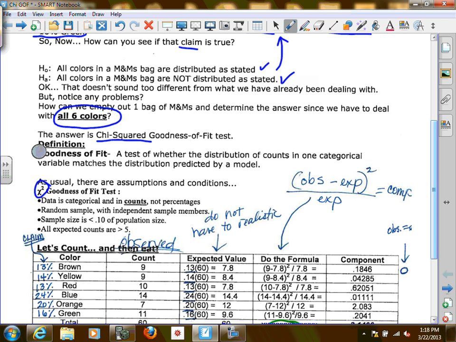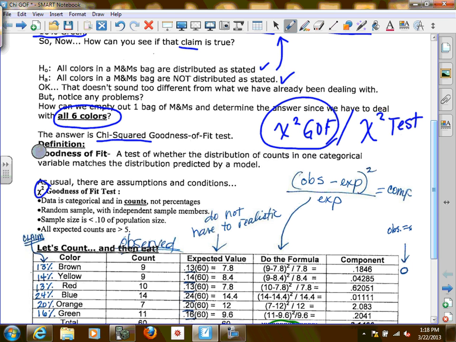Chi-squared goodness of fit. What you need to know about the chi-squared goodness of fit, because there are 2 things on your calculator: there's a chi-squared goodness of fit, and there's a regular chi-squared test. We are talking about the goodness of fit today, and the thing that signifies that is we are only talking about one variable.